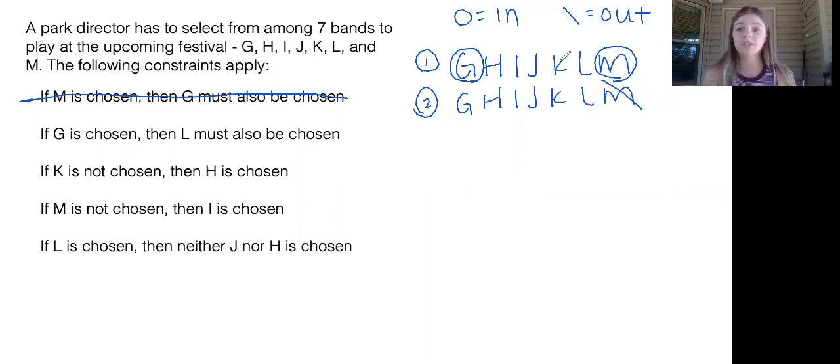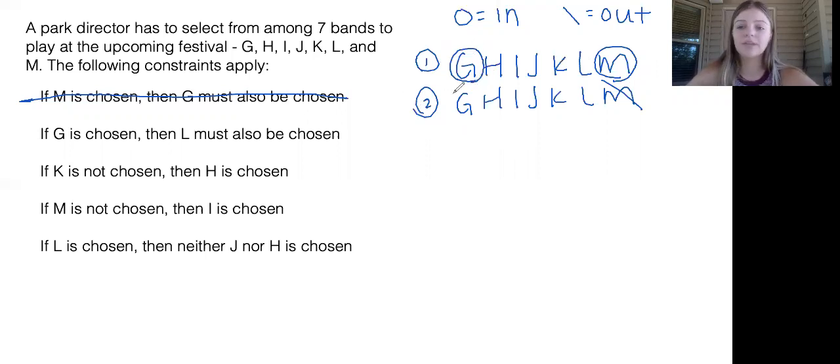And so all of our scenarios have to abide by all of our rules. So every time I go into a new rule, I have to make sure that my world number 1, my world number 2, my world number 3, they have to apply to all of these rules. So going back up to world number 1, if G is chosen, then L must also be chosen. Ask yourself, do you know where G is? In world number 1, we do. We know that it's in.